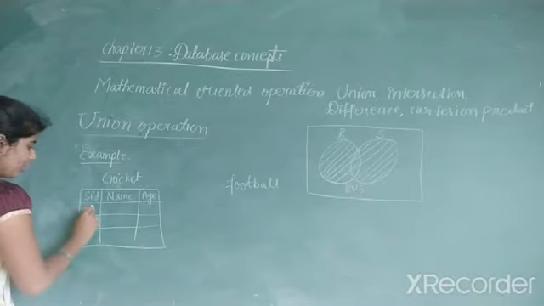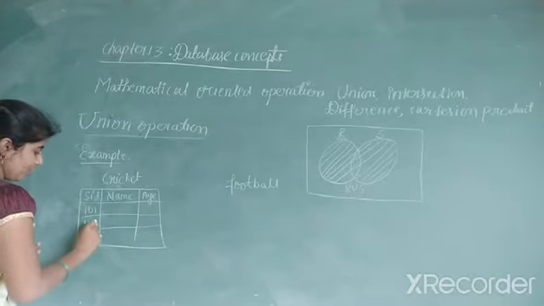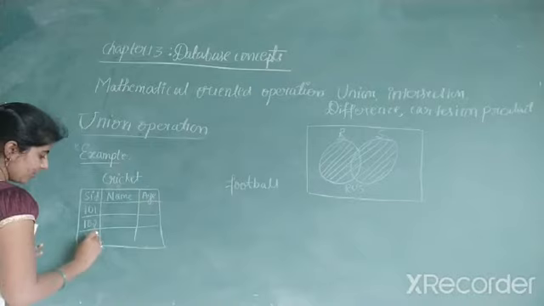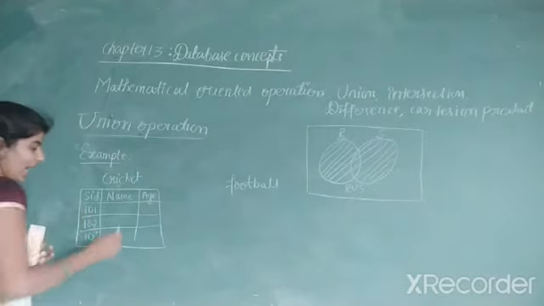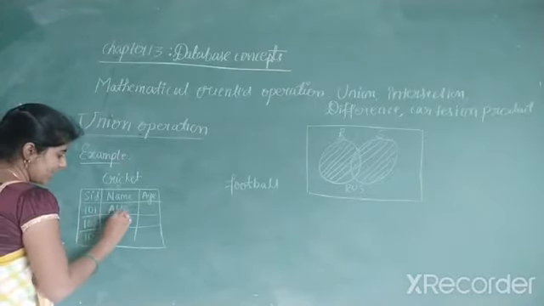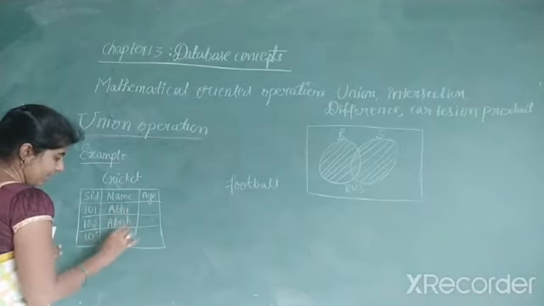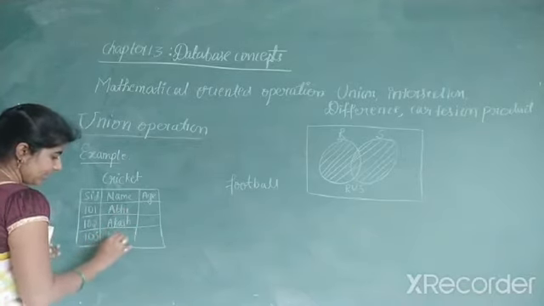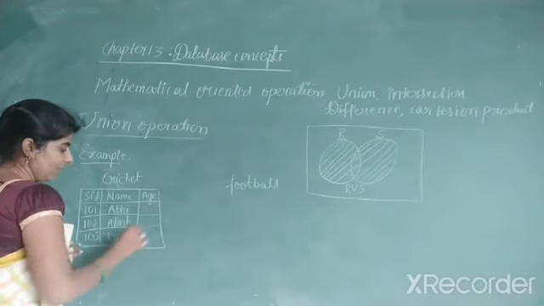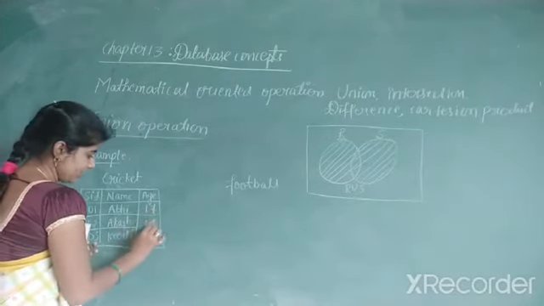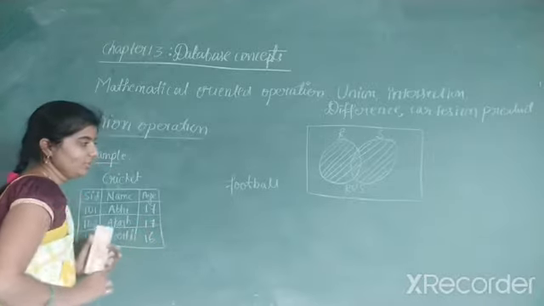Here 101, 102 and 103 are the student IDs, and the names are Abhi, Akash and Kirti, and the ages are 17, 17 and 16.